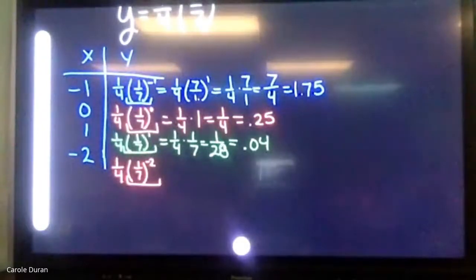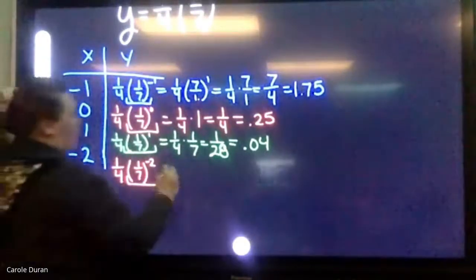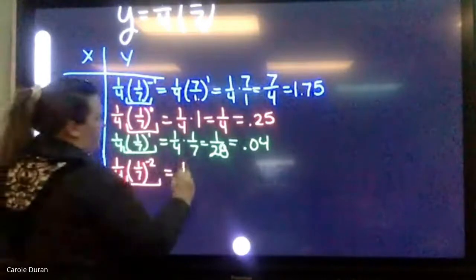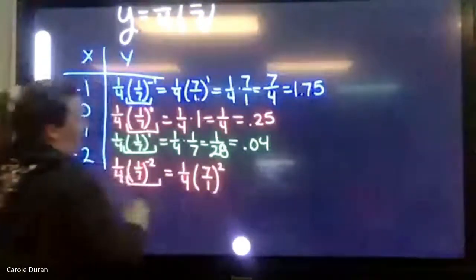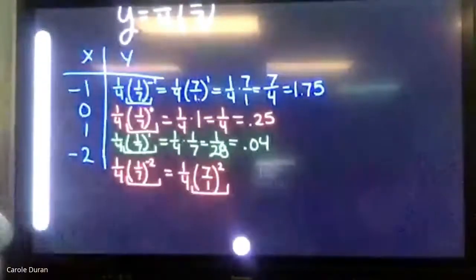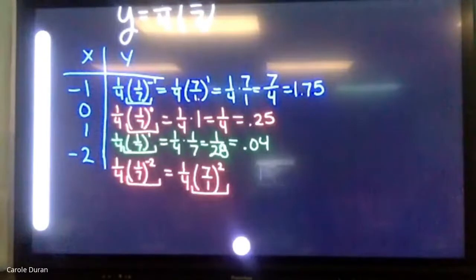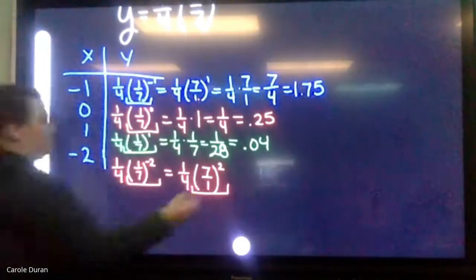It flipped a fraction and turned positive, right? So this becomes 1/4 times 7/1 to the positive 2 power. We're still doing the 7/1 to the squared first. What's 7 squared, Grant? What's 7 to the 2 power? Yes. And then 1 squared is just 1, so 49/1 is just 49.